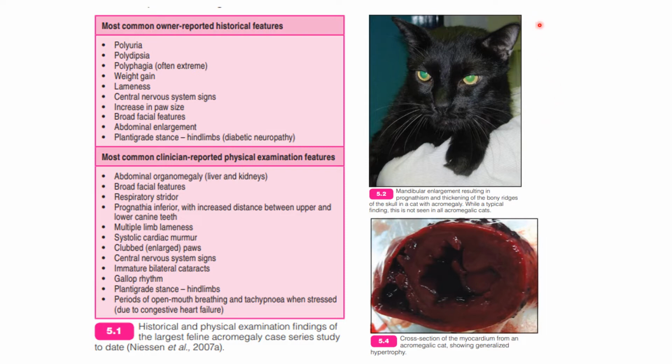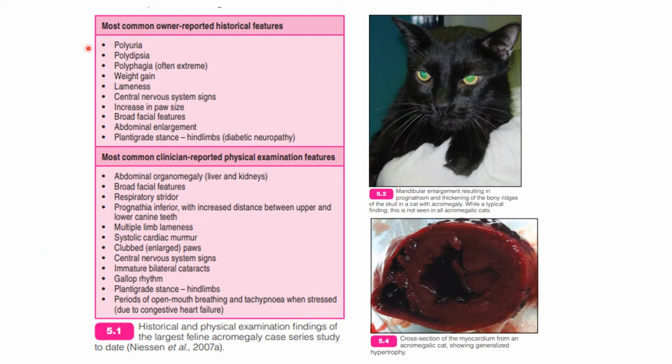Again, acromegaly affects mga adults na wherein yung desired growth of the excess growth hormone cannot be accommodated because the physis of their bones has already closed. So the facial feature is very odd rather because of the weird conformation of the skull due to acromegaly. So most commonly reported cases have these clinical features.